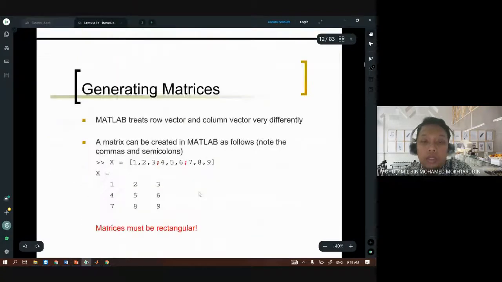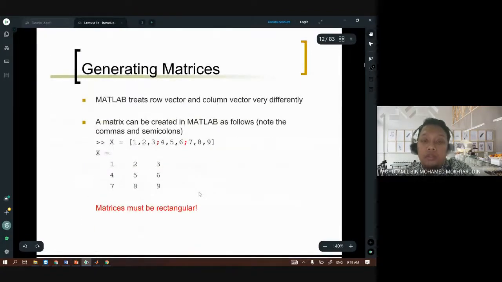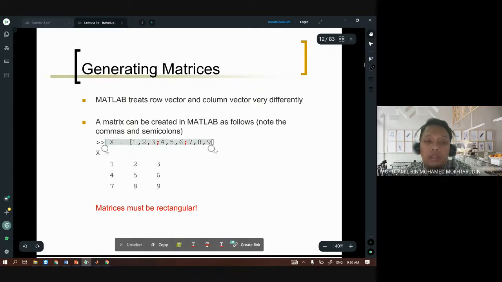We can generate a square or rectangular matrix by combining commas and semicolons at the same time. So for example, this example here, let me copy it.